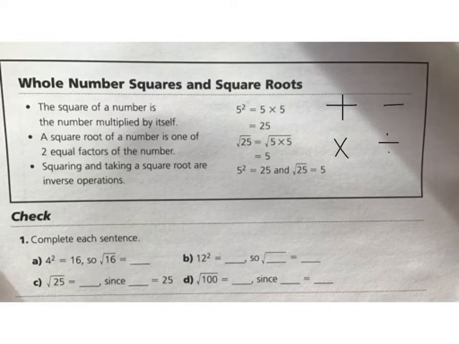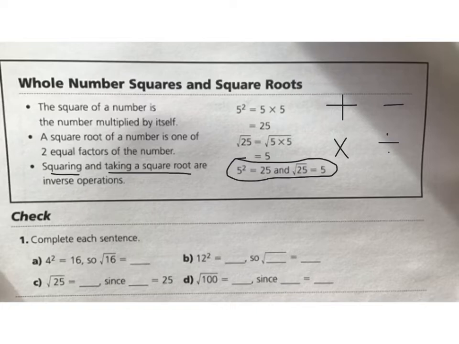In this unit, we can see that squaring, taking a number and multiplying it by itself, is the exact opposite of taking the square root, because that's asking what number times itself gives me that number. So squares and square roots are the exact opposites. So here, maybe do the check.